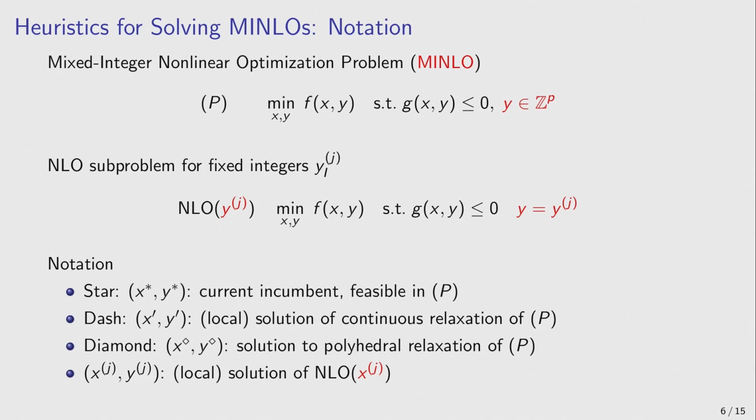So for example, if I take my mixed integer nonlinear optimization problem and I introduce my outer approximation cuts and replace my nonlinear constraints and my nonlinear objective by these outer approximation cuts, then the solution to that problem, or a solution to that problem, will be indicated by these diamonds. And so the little diamond shape means polyhedral, right? It is a little polyhedron. So that's what that seems to indicate.